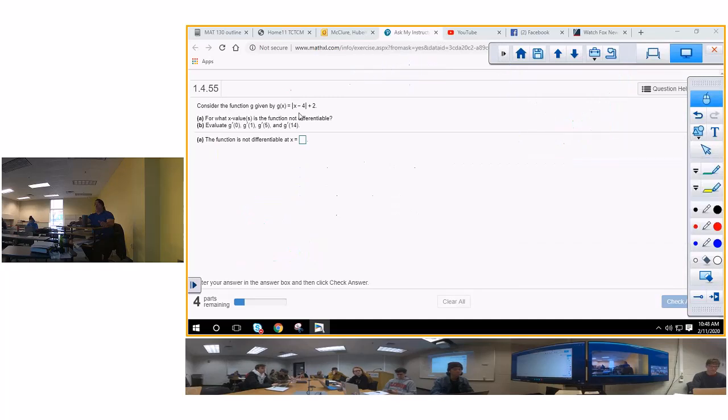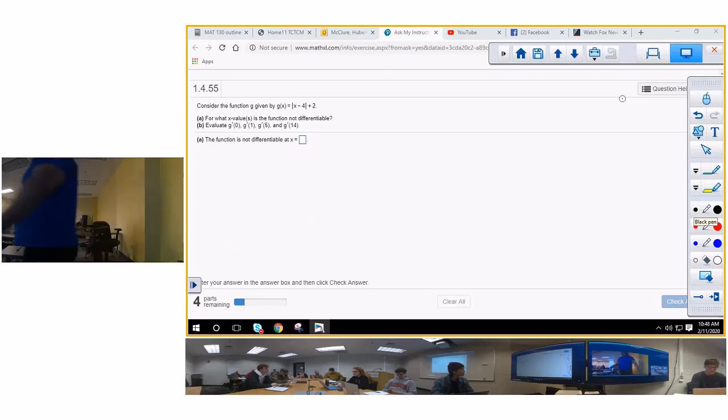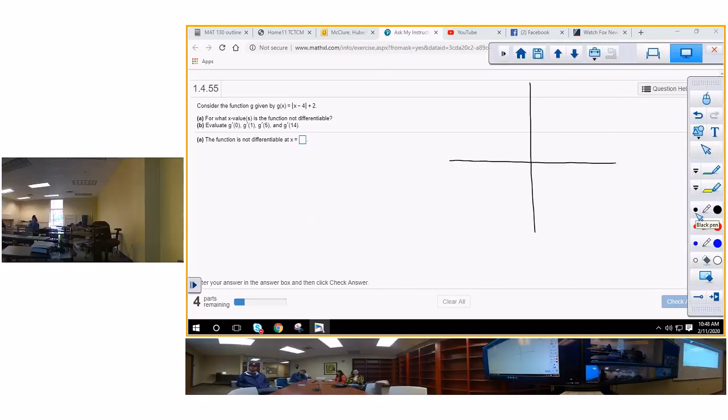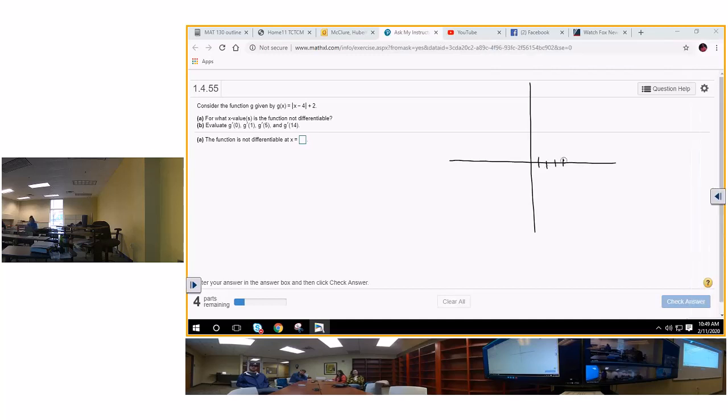So do the absolute value of x minus 4 plus 2. What is the horizontal shift? 4 to the right. And what is the vertical shift? 2 up.